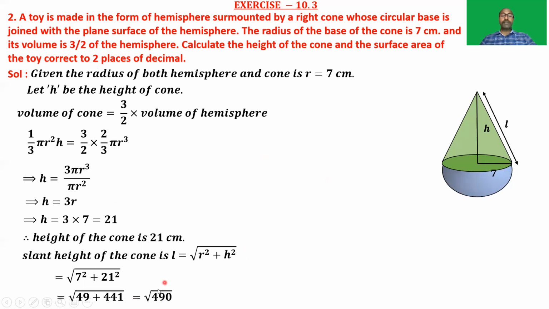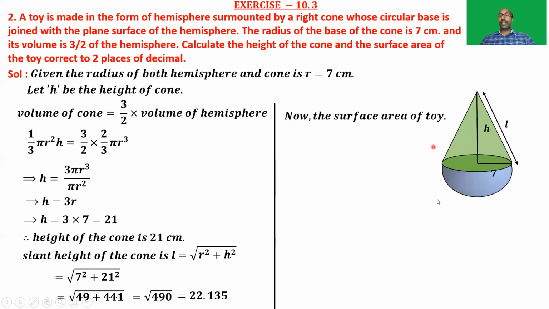By finding square root of 490, we get its nearest value 22.135. So the slant height of the cone is 22.135. Now the surface area of the toy is equal to curved surface area of cone plus curved surface area of hemisphere.